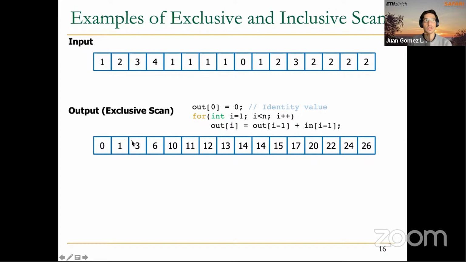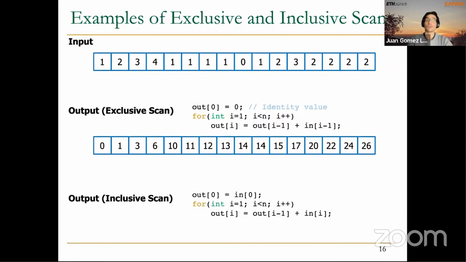The next element is the result of adding these two elements, x0 and x1, or what is the same, out 1 plus in 1. So this is out 2. Out 2 is equal to out 1 plus in 1. That's the way that we calculate all the elements of the output array in the case of exclusive scan. And in the case of the inclusive scan, remember, we consider the element itself of the input.